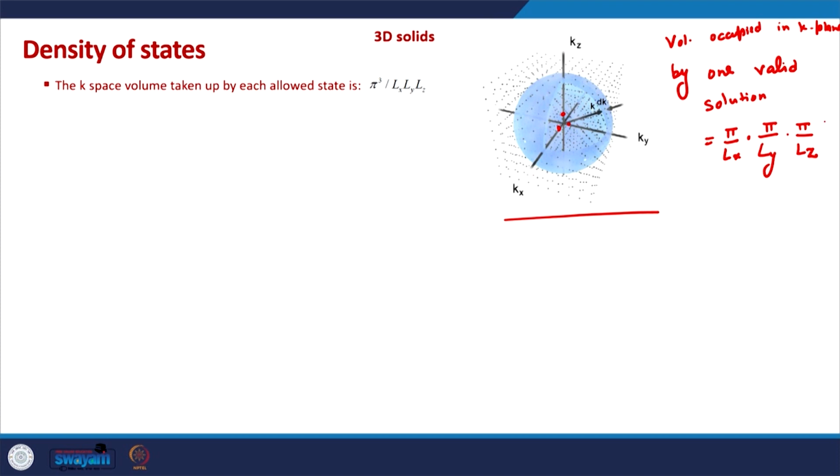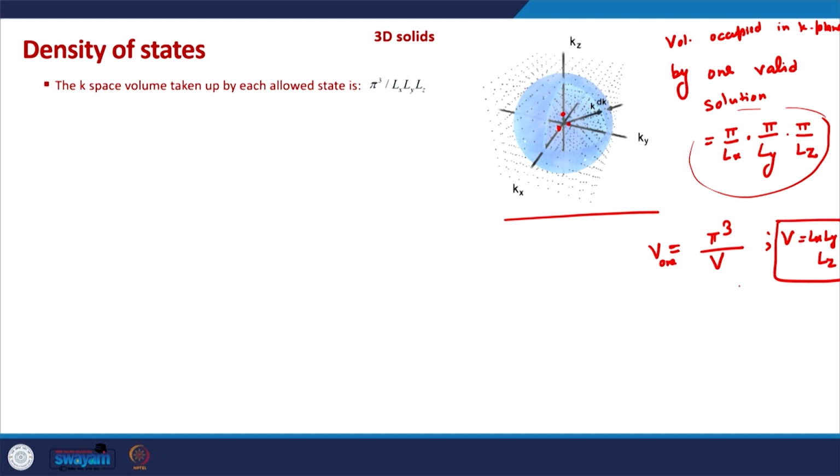So, this is the volume of a single allowed electronic state in the k plane. This is pi cube divided by V, where V is Lx Ly Lz, the volume of the solid in physical plane. So, this is the volume of one allowed state in the 3D k plane.